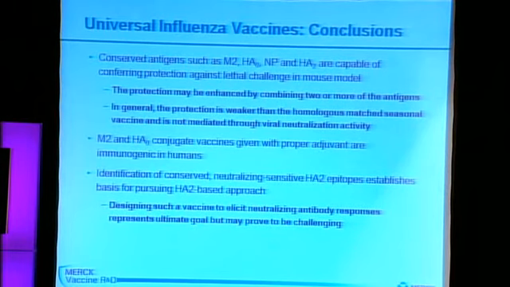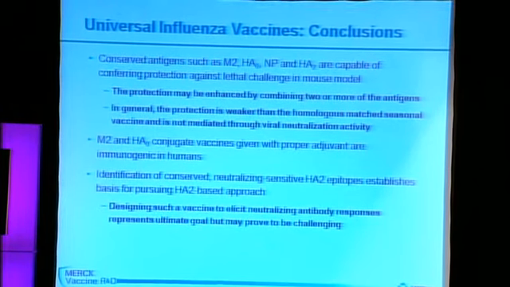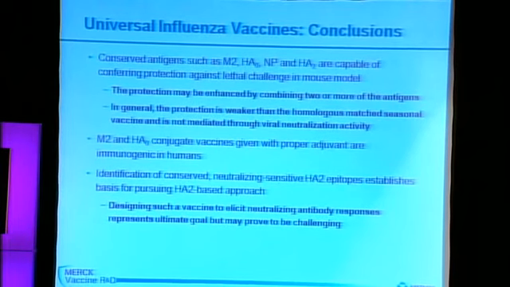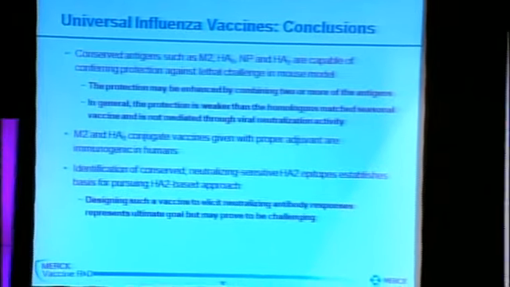And there's no indication, in our hands, we have never been able to detect neutralizing antibody responses in these protected animals. M2 and HA0 conjugated vaccines given with a proper adjuvant are immunogenic in humans. Lastly, identification of conserved neutralization-sensitive HA2 epitopes establishes a basis for pursuing an HA2-based approach.